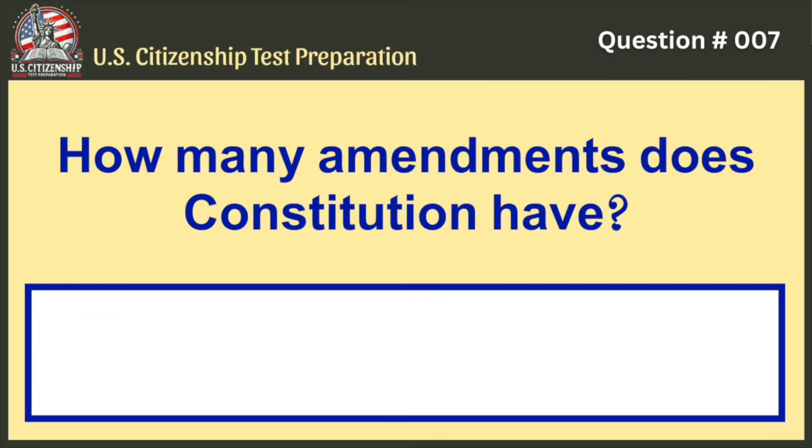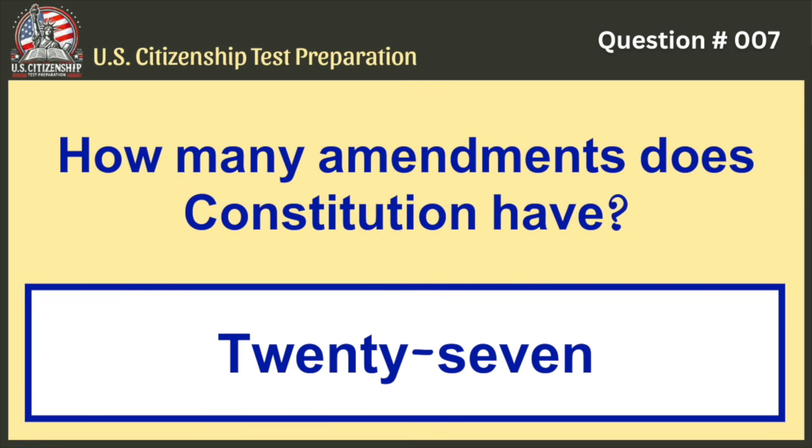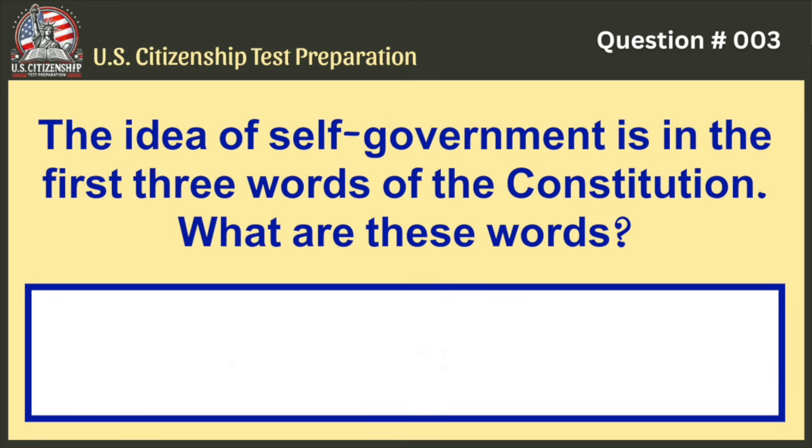How many amendments does the Constitution have? 27. The idea of self-government is in the first 3 words of the Constitution.